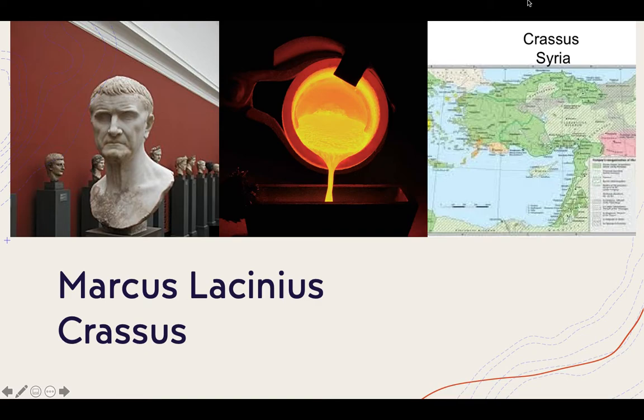Unfortunately, while Crassus was ruling in Syria, he was killed by a group of people living there called Parthians, as they were not too excited to live under Roman authority. Marcus Licinius Crassus may have been the most wealthy person to ever live. He had extreme wealth. Had the largest home in Rome.